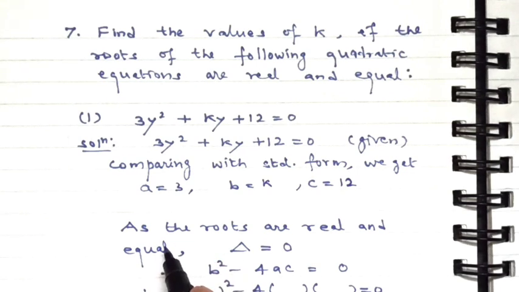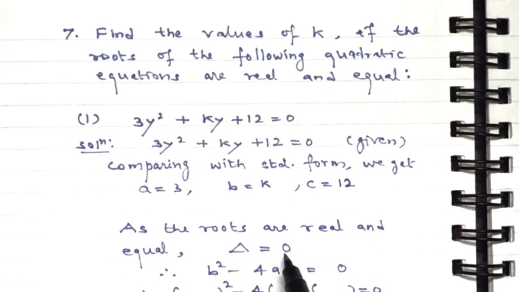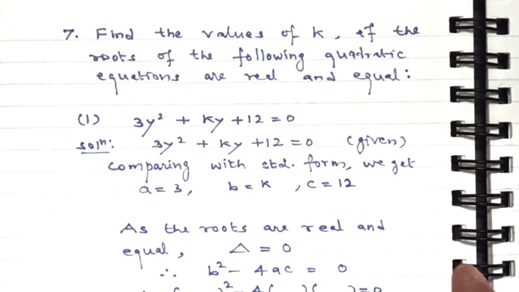Now, as the roots are real and equal, remember, if roots are real and equal, delta is equal to 0. What is delta? Delta is b square minus 4ac. Therefore, when roots are real and equal, b square minus 4ac is equal to 0.